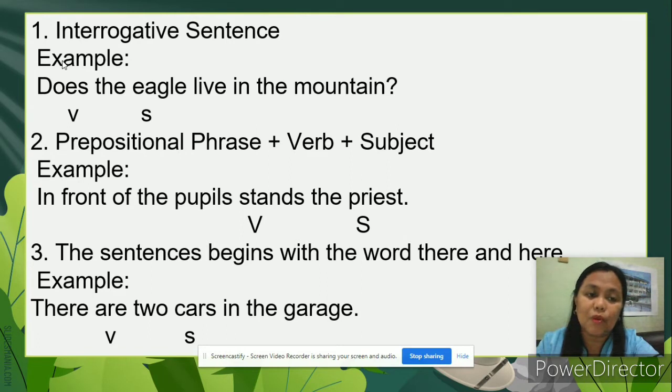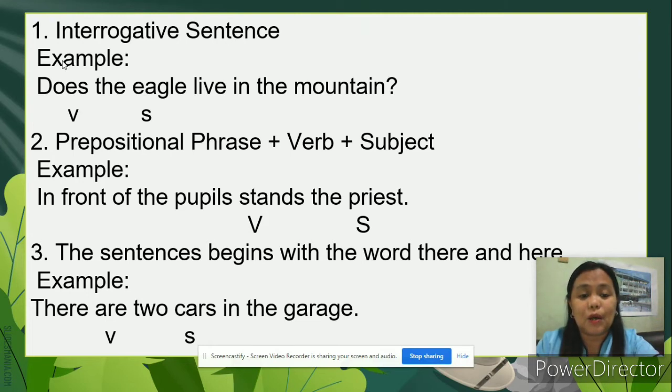So, example, does the eagle live in the mountain? The verb comes first before the subject. Okay? So that is an inverted sentence. So number two, prepositional phrase plus verb plus subject. Example for that, in front of the pupils stands the priest.